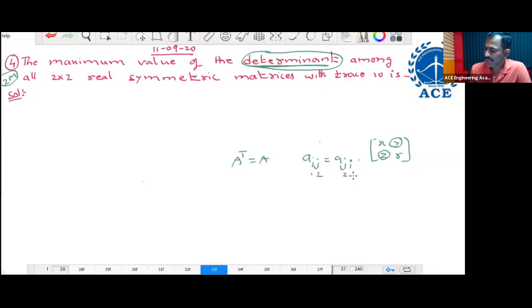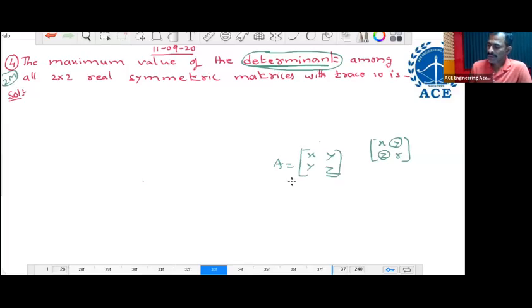A12 equal to A21. So according to the symmetric matrix, the condition is if it is Y here, this should be Y. And this is X. Let us suppose this is Z. Right? It is a symmetric matrix. Let us suppose this matrix is A. It is a real symmetric matrix.